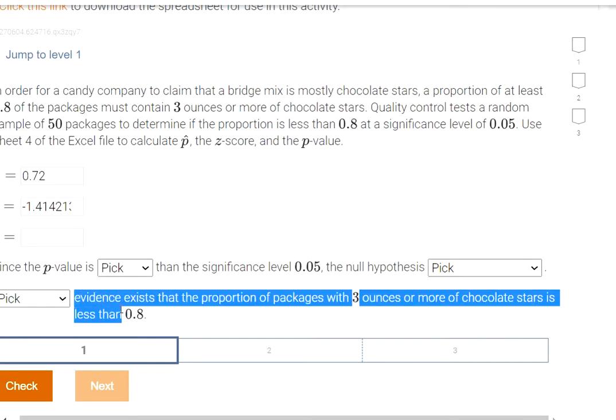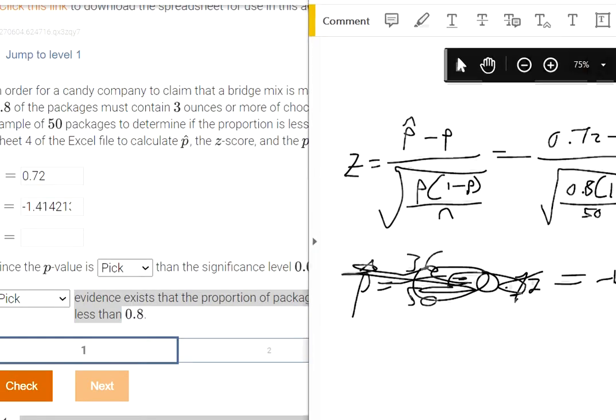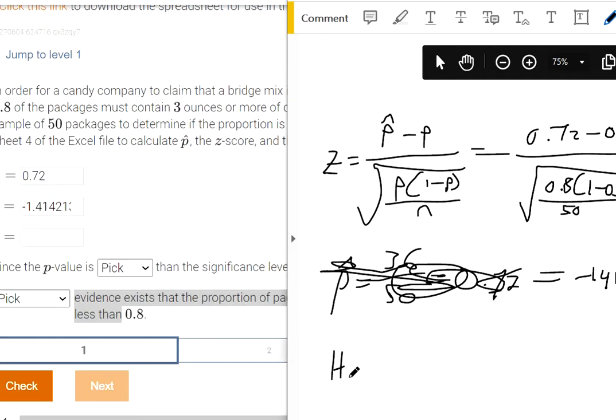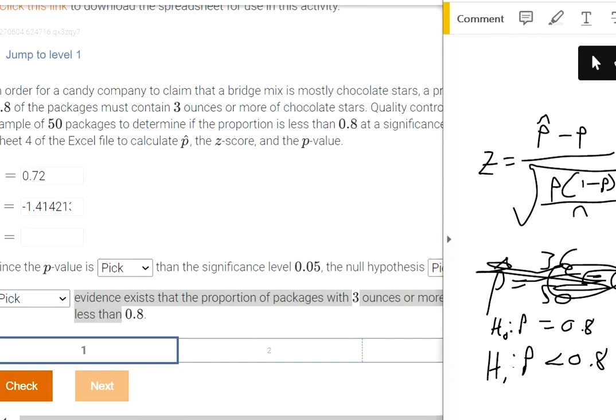So this is the key down here. They want us to test to see whether the proportion is less than 0.8. So our alternative is p is less than 0.8, and that means our null hypothesis is that p equals 0.8. So we're trying to test to see whether it's less.